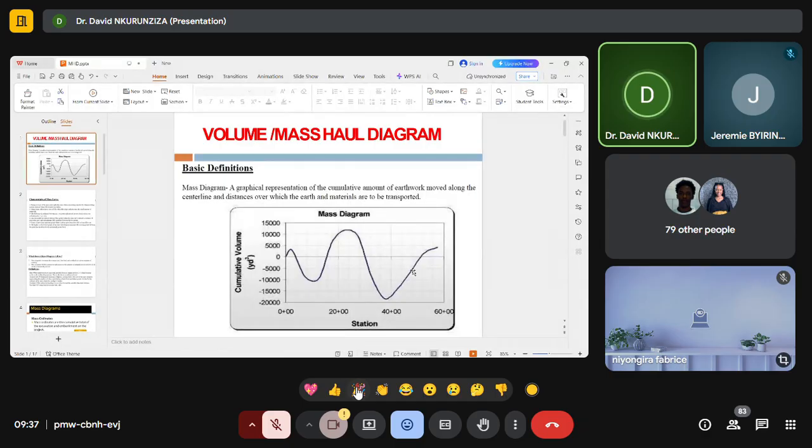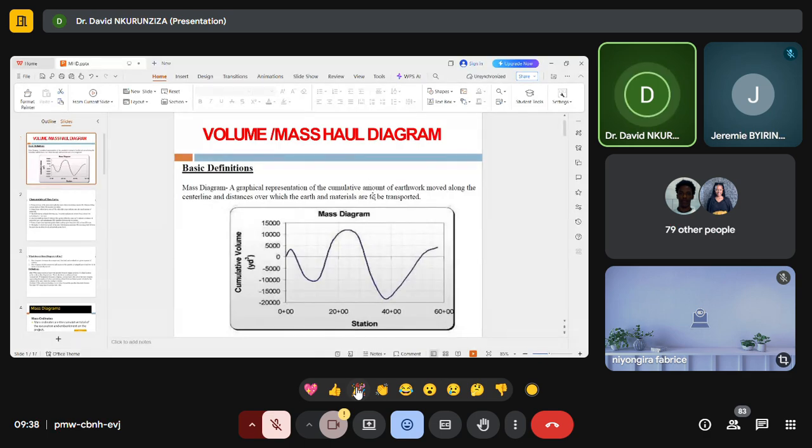So the highest and the lowest point of the mass haul diagram represent the crossing points between the grade line, which is the roadway level, and the natural ground level.